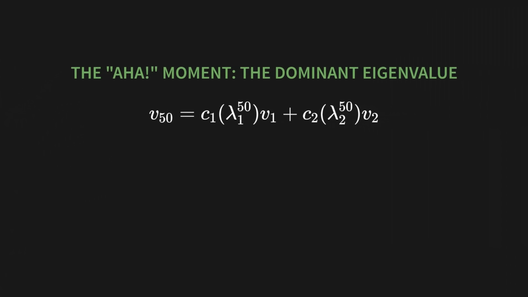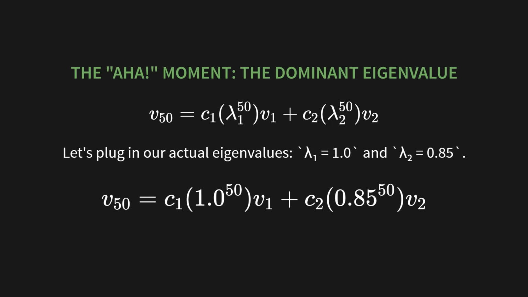Now for the aha moment, the dominant eigenvalue. Let's look at our formula again. v sub 50 equals c1 times lambda1 to the 50th v1, plus c2 times lambda2 to the 50th v2. Now, let's plug in our actual eigenvalues from the problem. Lambda1 is 1.0 and lambda2 is 0.85.